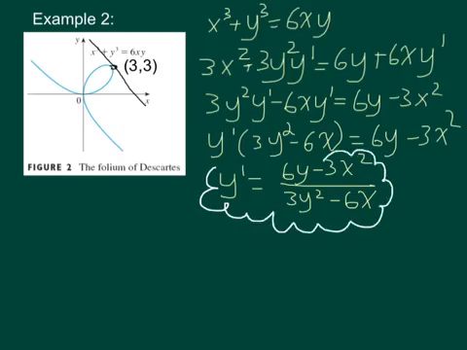Just like in the previous example, this has x's and y's in it. Before, in previous chapters, when we got to y derivative we only had an expression with x, but this time we have x and y's. Now our point is 3, 3, so we're just going to plug that in and then that will give us a slope.